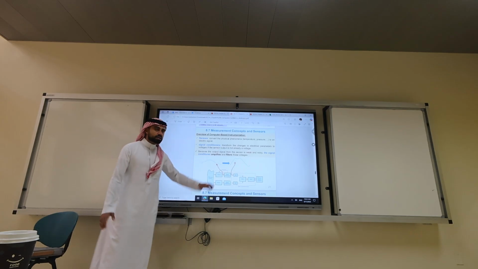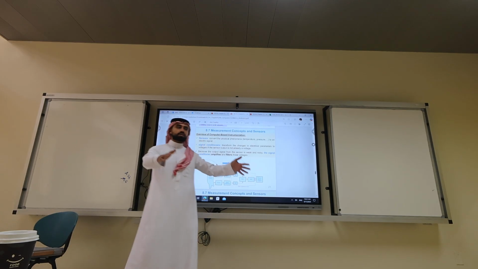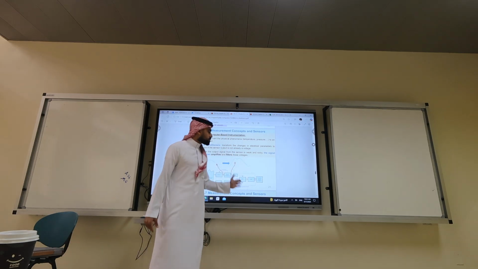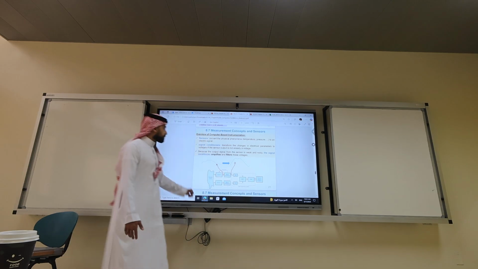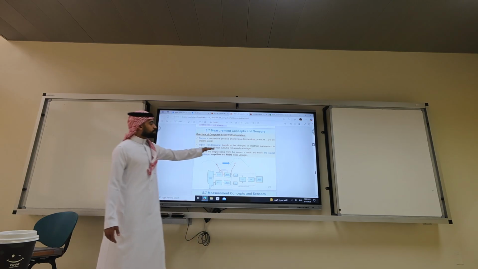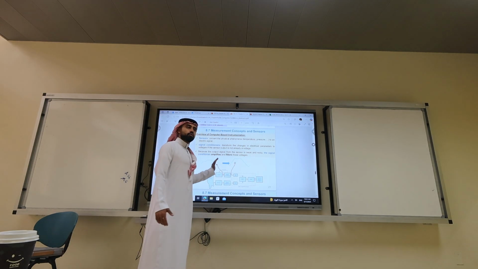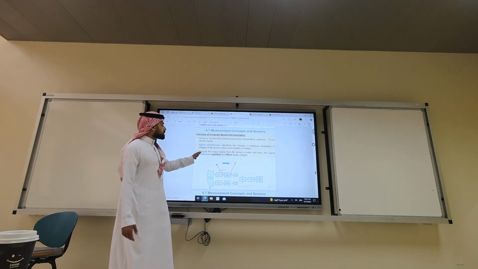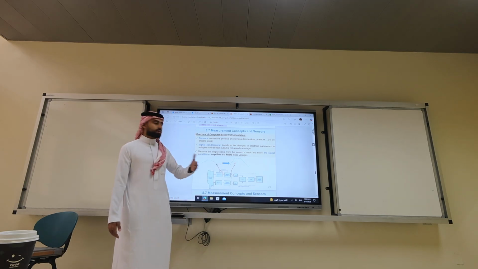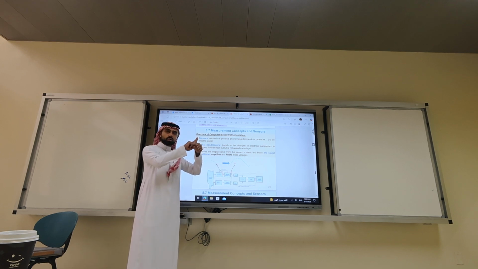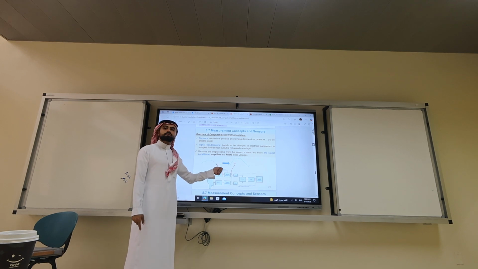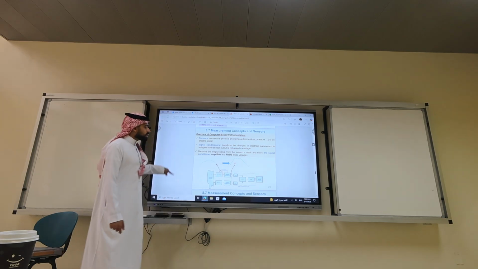So signal conditioners put them under the conditions that you can process them using DAQ, data acquisition, okay? Because the output signal from the sensor is usually weak, full of noise, the signal conditioner amplifies and filters these voltages. It makes sure it's a voltage which doesn't have noise. Why? To put it in the next block.